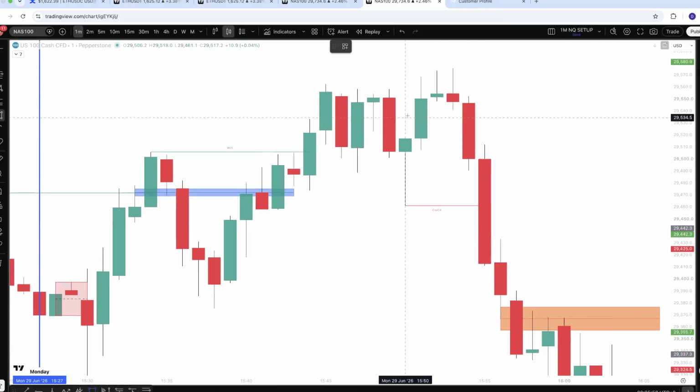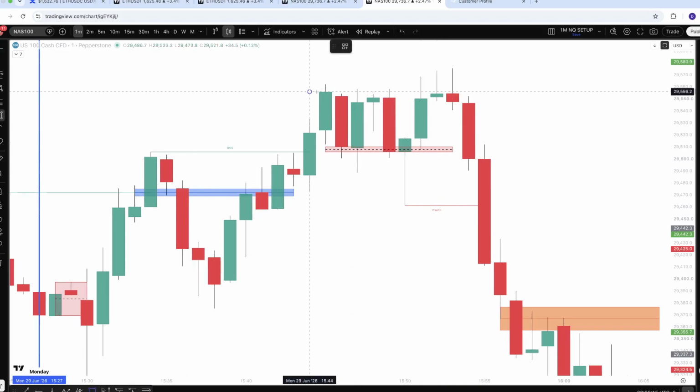So let's see. You have here wicks. You see that? This is a range. Okay? And I want to see a candle close below this zone or above this here. I want to see a close in the wicks. Didn't happen here.